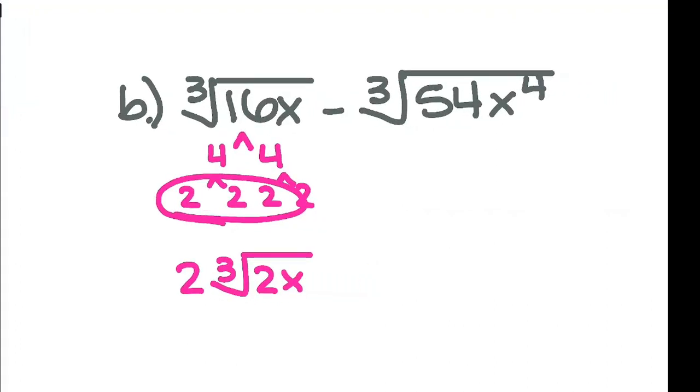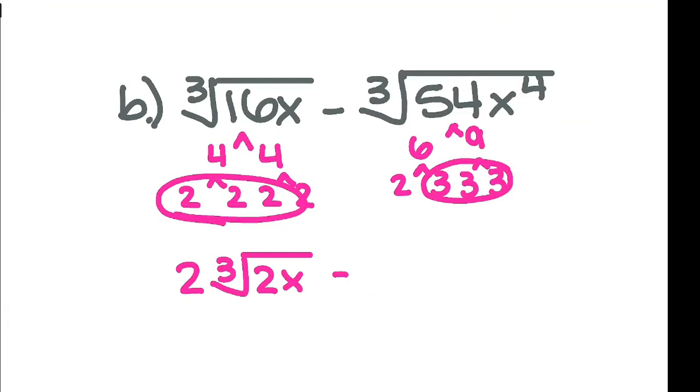Next, I have that minus the cube root of 54x to the 4th power. The 54 is 6 and 9. The 6 is 2 and 3. The 9 is 3 and 3. So I'm, again, looking for a group of 3. So that's a 3. I have x to the 4th as well.